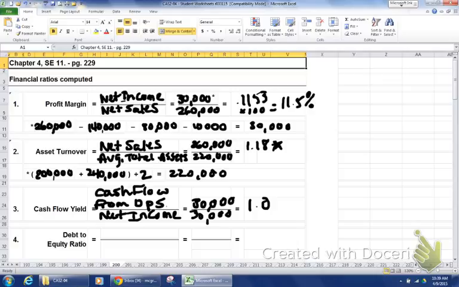What that basically means is that this particular company is producing $1 of cash for every dollar of net income during the past year. And again, you would just basically compare this to this company in previous periods as well as its competitors.